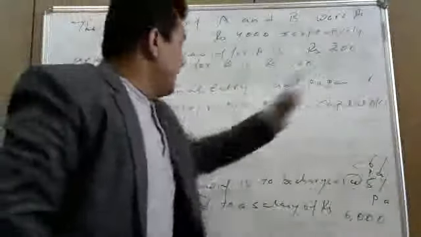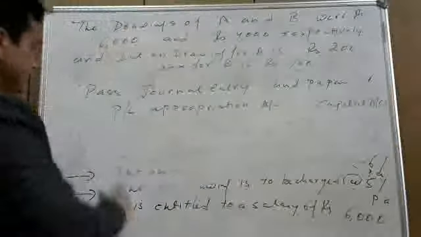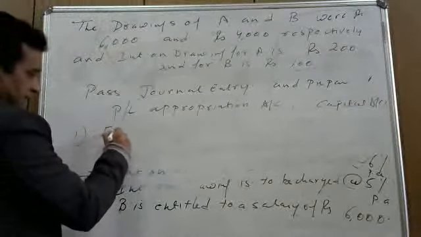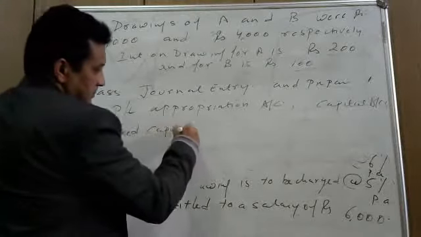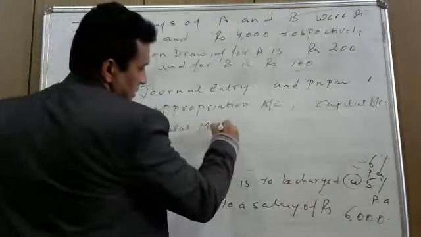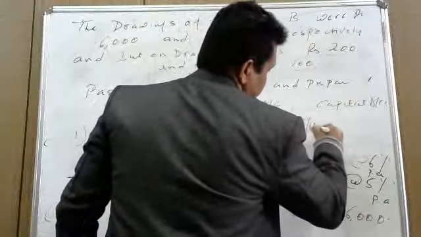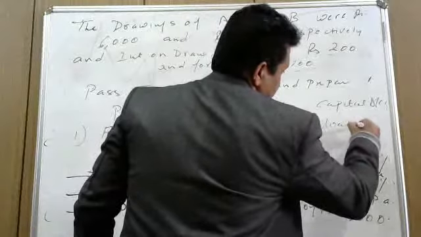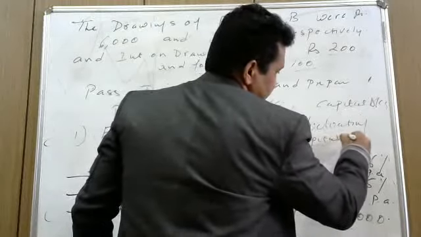You need to pass journal entries and prepare the PL appropriation account and capital accounts under the fixed capital method and the fluctuating capital method.